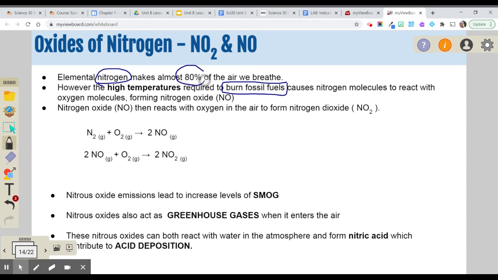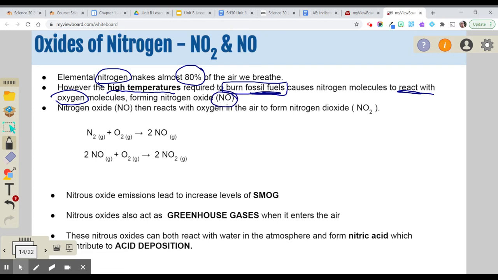So it makes up 80% of the air that we breathe. So when we have fossil fuels burning, like in our car or something like that, it's going to draw in the outside air and use the oxygen for combustion, but also nitrogen's getting in there. And nitrogen at really high temperatures will actually react with the oxygen. Okay, and it forms nitrogen oxide.